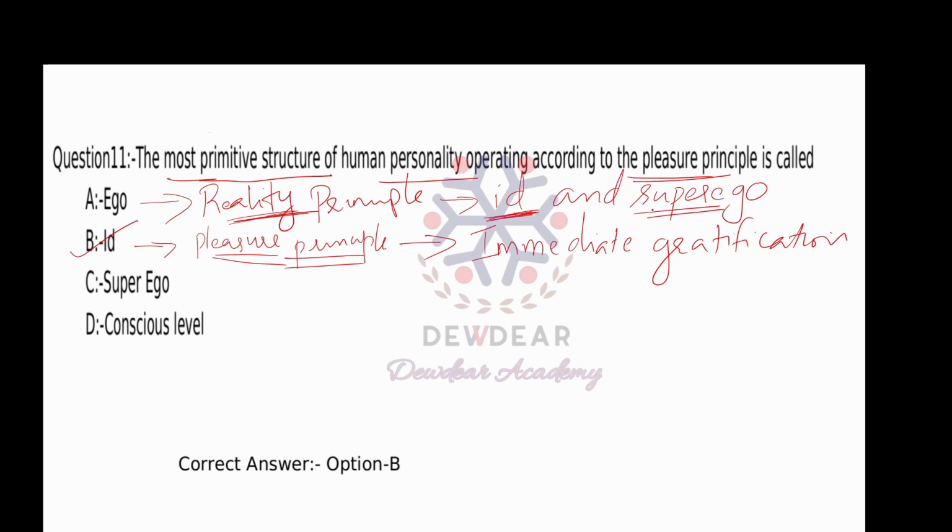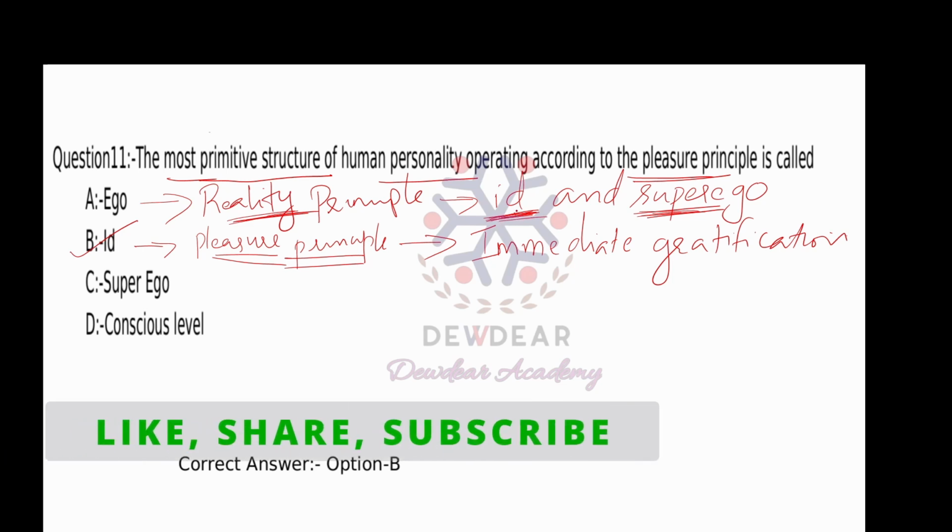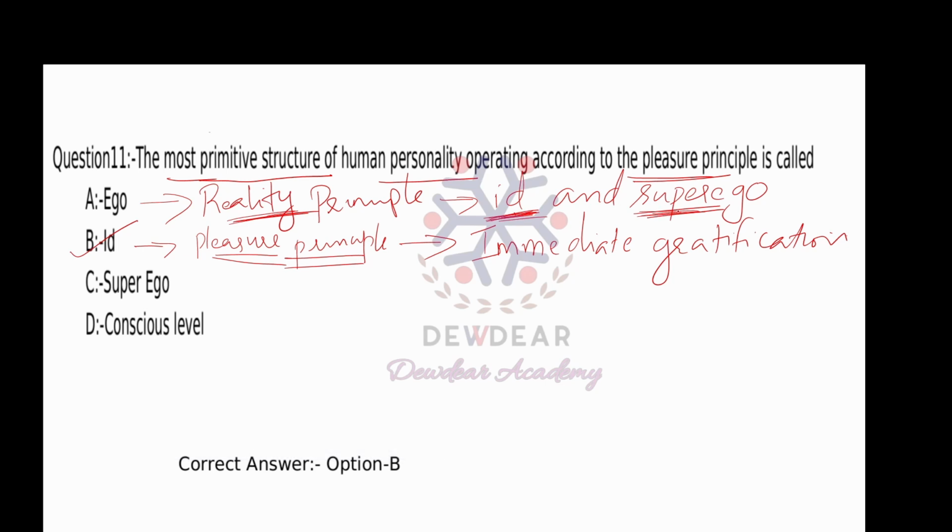It also tries to manage the demands of the superego, which is concerned with morality. So it acts as a mediator between the id and the superego, and that is why we say ego works according to the reality principle.